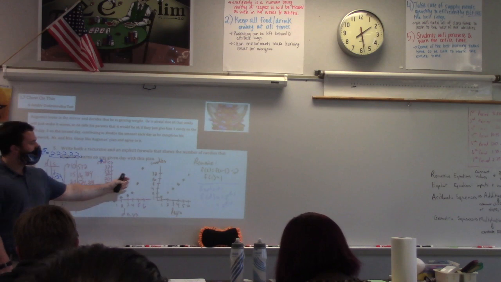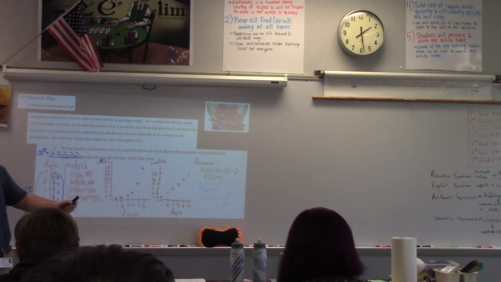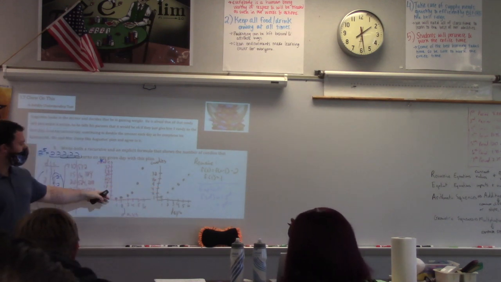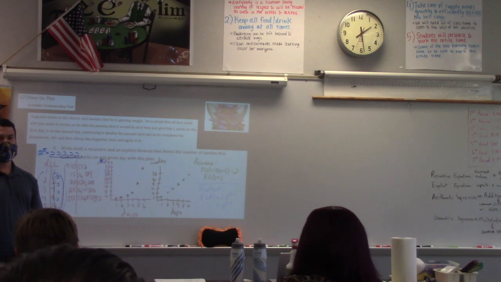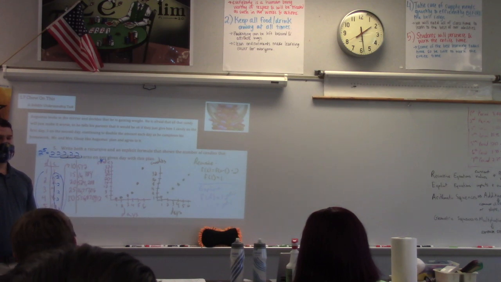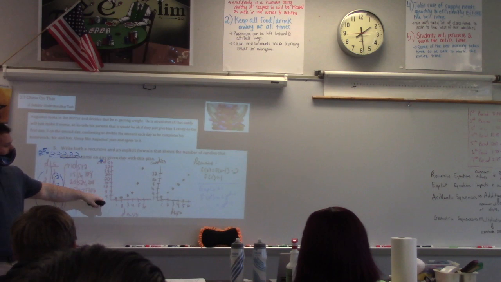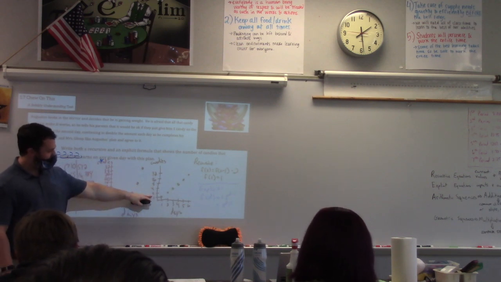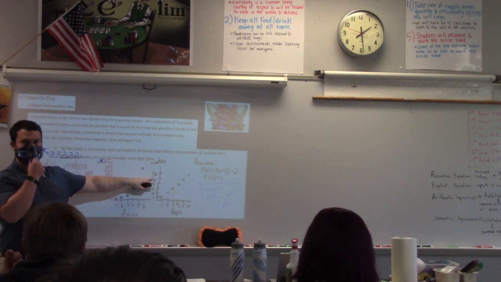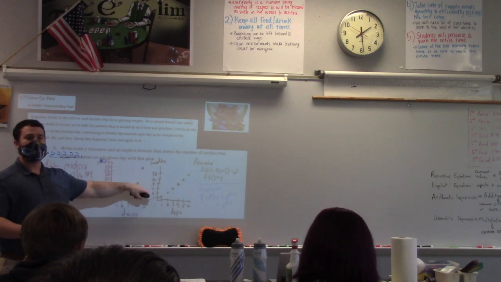So can anyone tell me what is wrong with my graph? Why this one is linear while this one has that correct curve to it? This one is scaling. Well, I mean, this one is scaling, but how did I scale this y-axis? It's getting doubled, right?